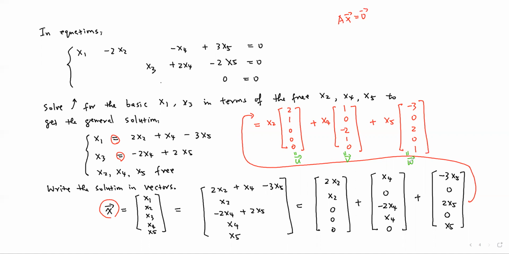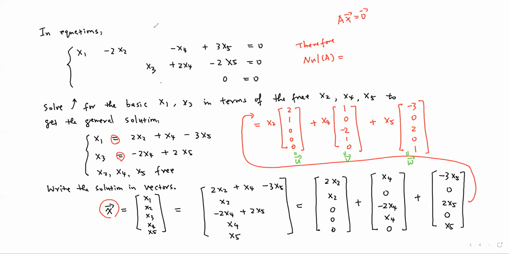So U, V, W actually span all the solutions. Therefore, the conclusion is, the null space of the matrix A, null space by definition, always definition.